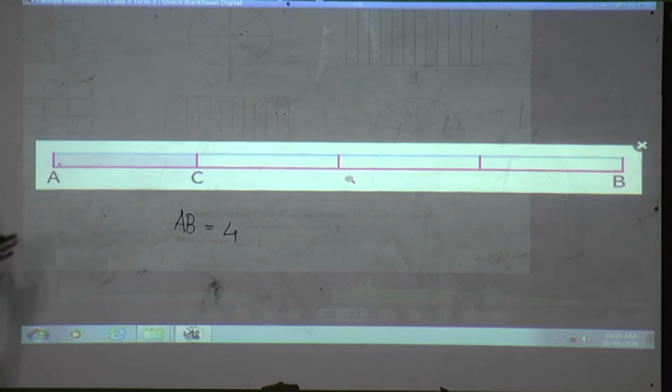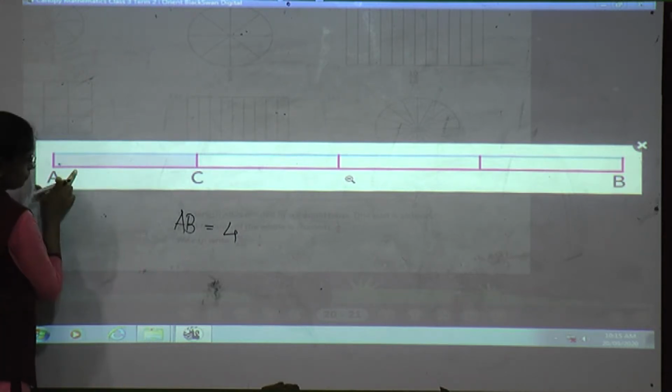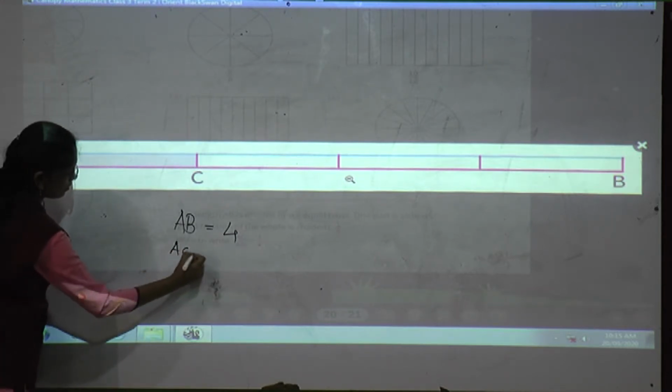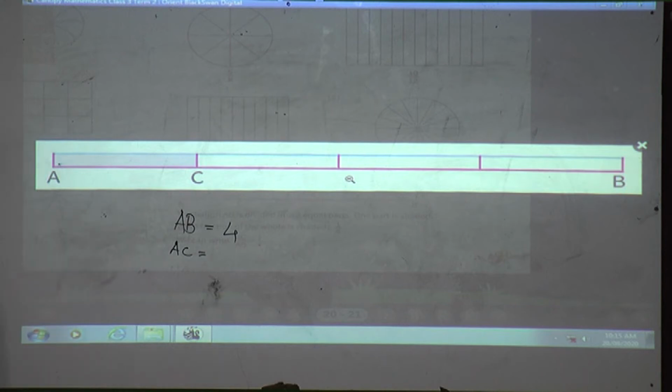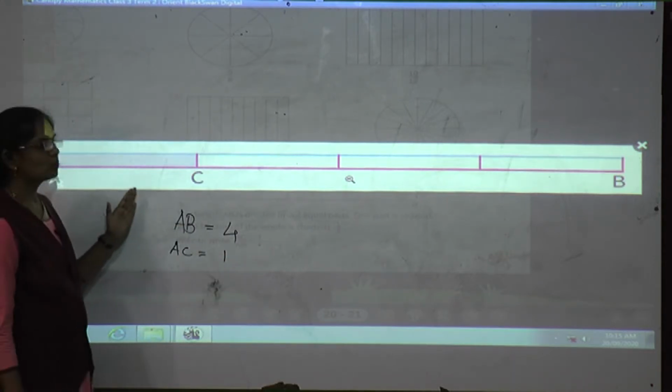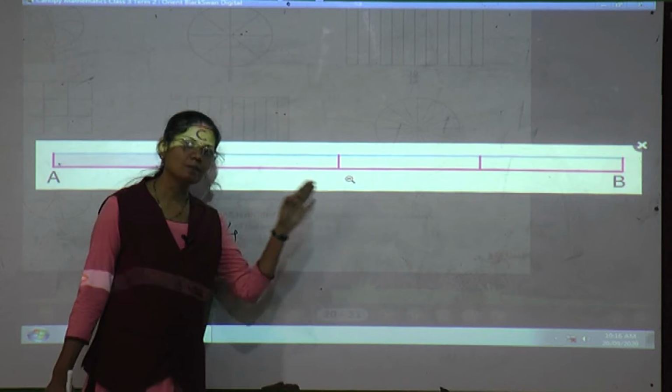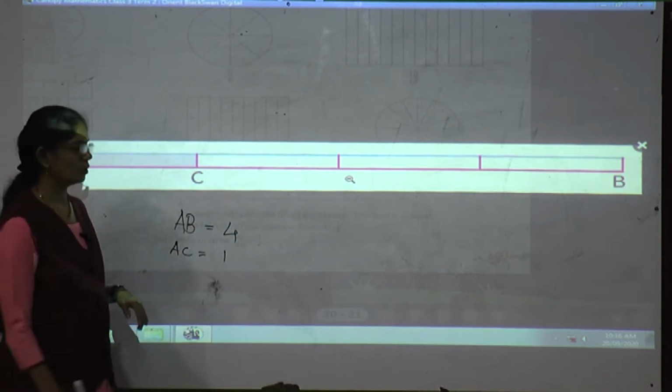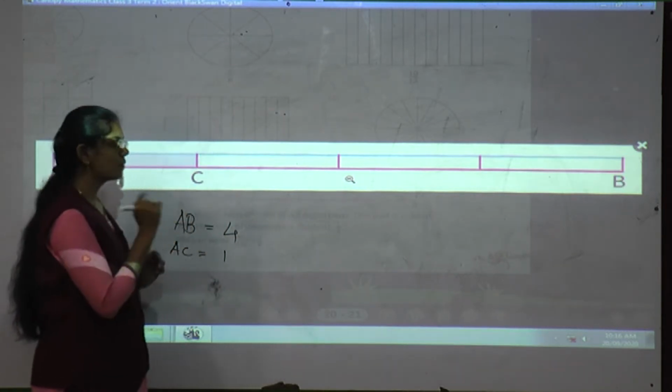Now see students, here AC. AC means, yes, how many parts are there in AC? AC means only one part. So AC is equal to 1. Now I have to write the fraction of this strip, or fraction of this figure.